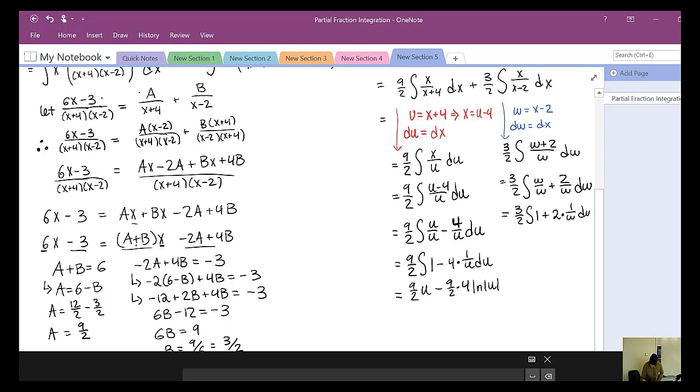And again, the integral of 1 is w, and the integral of 1 over w is natural log w.